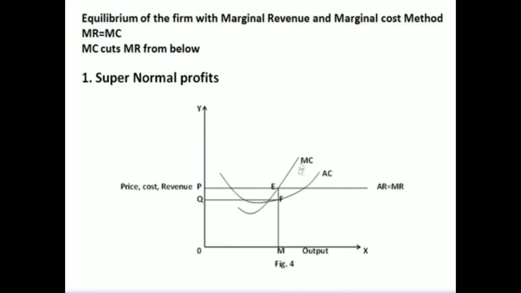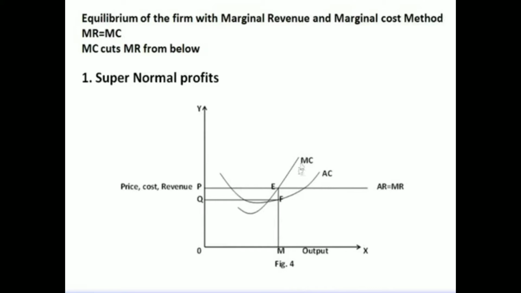First of all, we can look at the case of supernormal profit at equilibrium in the short run. We are comparing the average revenue with the average cost to find out the profit or loss of the firm. If AR or price is greater than AC, then we can say the firm enjoys supernormal profit.